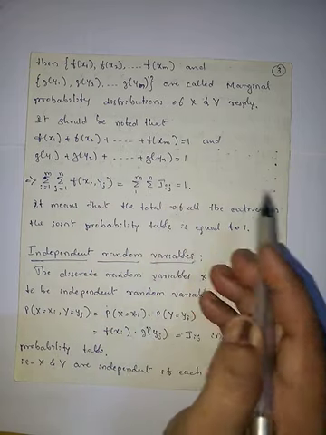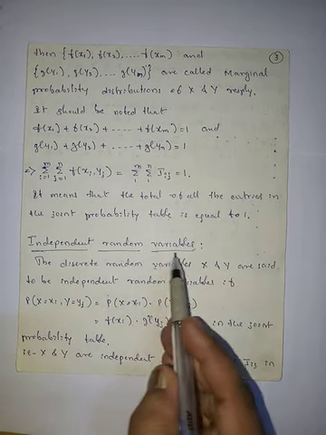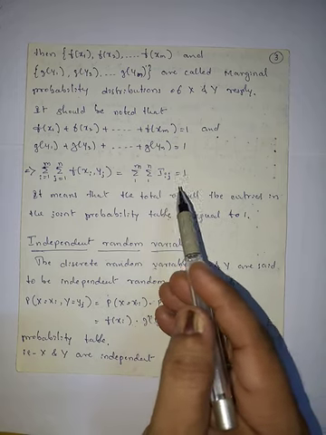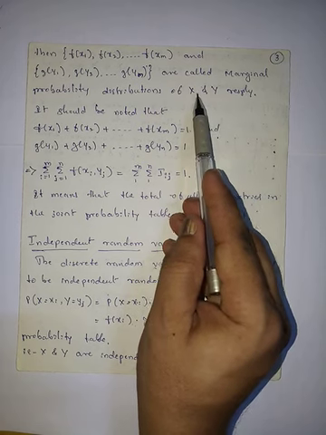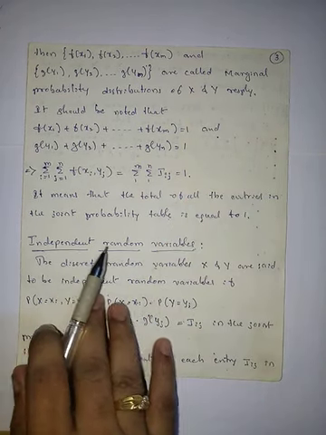Next definition: independent random variables. For the joint probability of x and y, how do we check whether the variables x and y are dependent or independent?